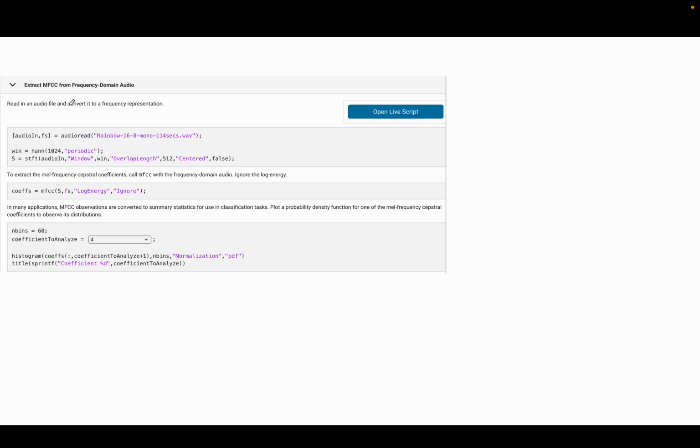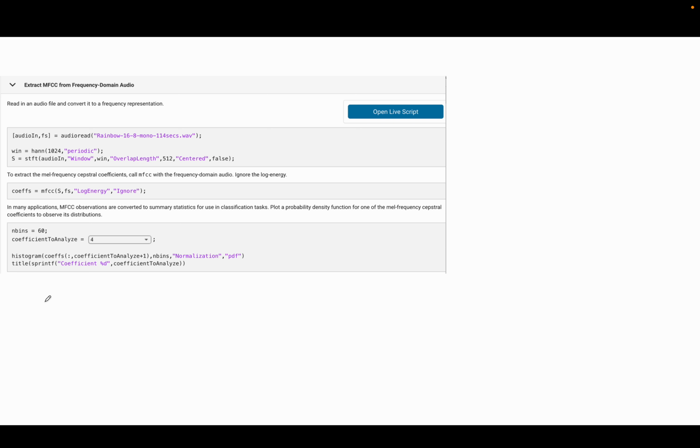You can extract the cepstral coefficients from frequency domain audio as well. Here's a windowed audio signal where you've taken the Fourier transform, and then you can get the coefficients from the frequency domain audio, and they've done that here.